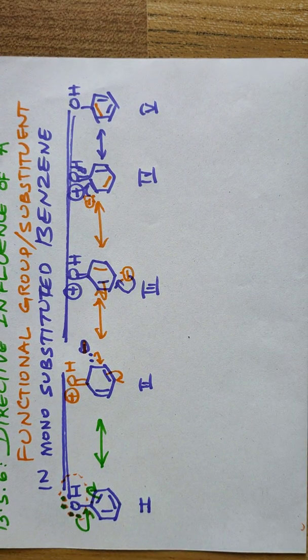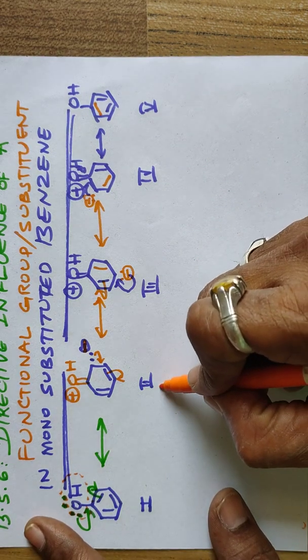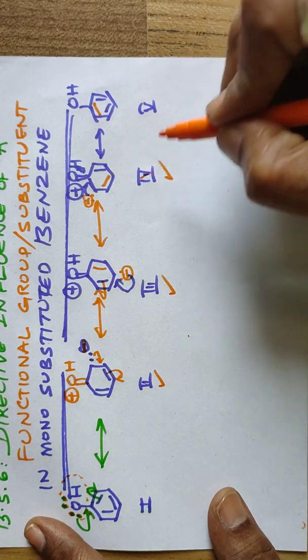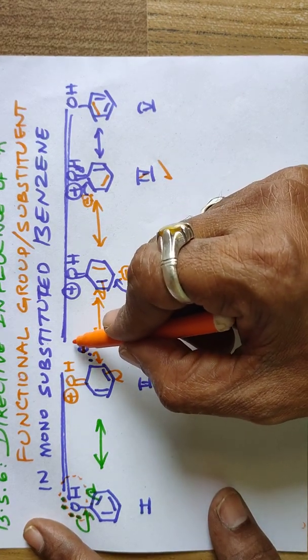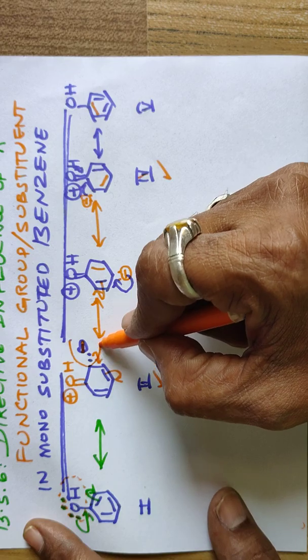Yes. Now, where is the negative charge located in these resonating structures? Structure 2, structure 3, structure 4. In these structures, where is the negative charge located? It is located at the second position.